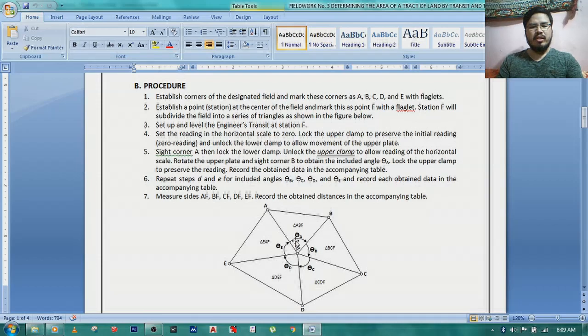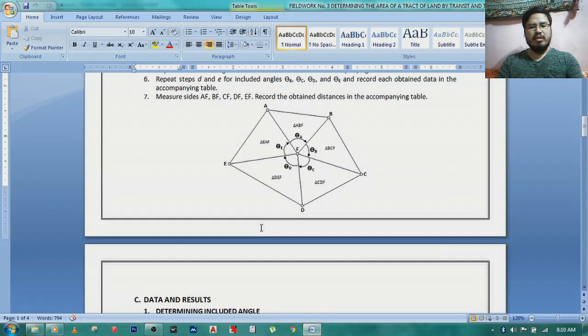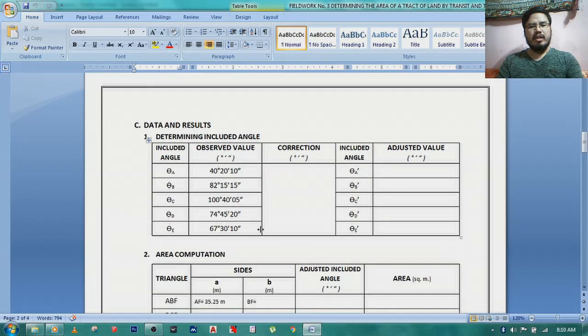So the operation is simultaneous while taking included angles theta A, B, C, D, and E and determining the sides AF, BF, CF, DF, and EF. Okay, so after determining those values, we can now return to our respective classrooms or offices.